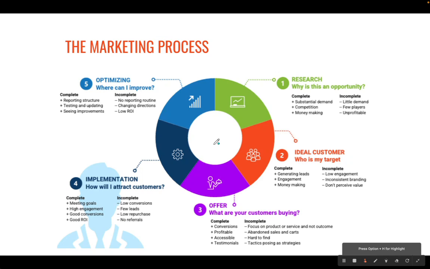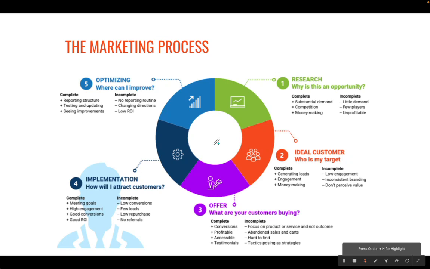You know you are successful when you are connecting, you're getting engagement, you're generating leads, you're making money. So that means you found the right customer. If you aren't getting engagement or you've got inconsistent branding, what that means is people aren't perceiving value in what you're offering.